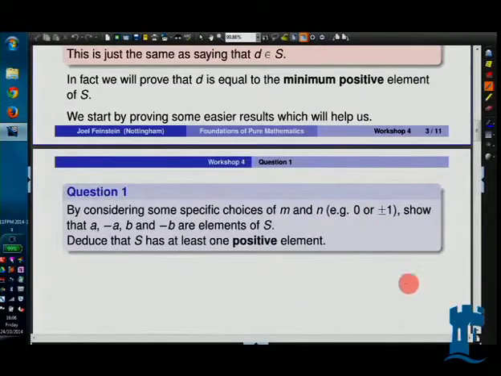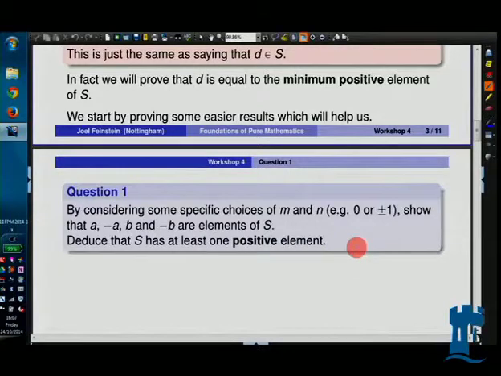Right, so your first choice is to try some particular values for M and N, which could be 0 or plus or minus 1 or things like that, to show that A, minus A, B and minus B are definitely in S. And having done that, that should be enough to convince you that at least one of the things in S is positive.